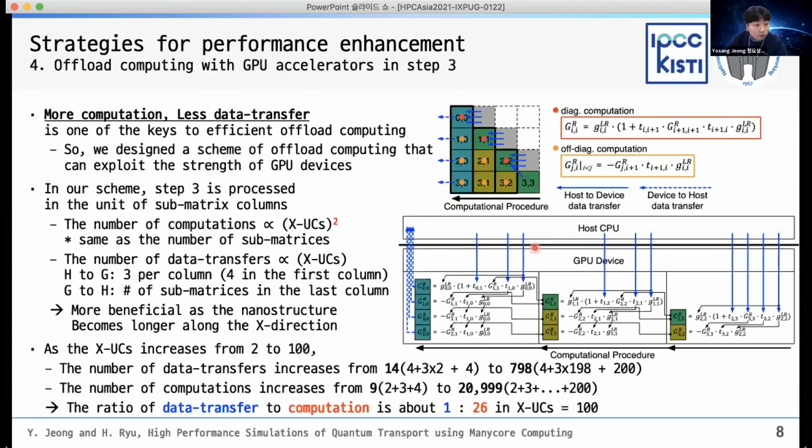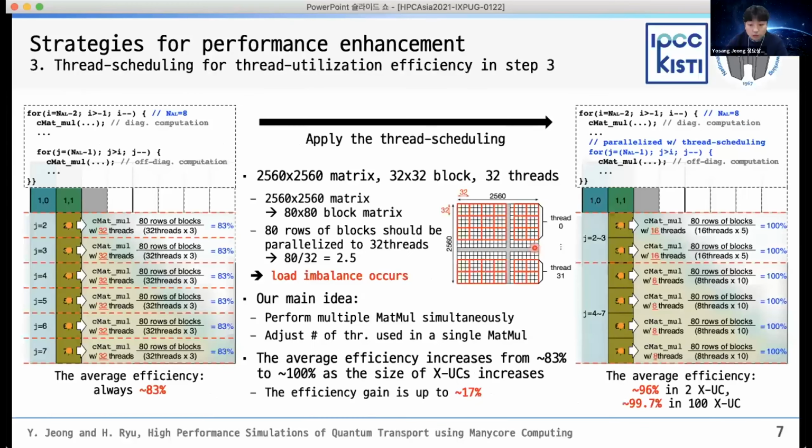The third technique we adopted is the thread scheduling in step 3. As I mentioned before, in our code, all the computing load of complex matrix multiplication is parallelized with OpenMP threads. However, in the matrix multiplication that applies the matrix blocking technique and thread parallelization together, the thread utilization efficiency can decrease.